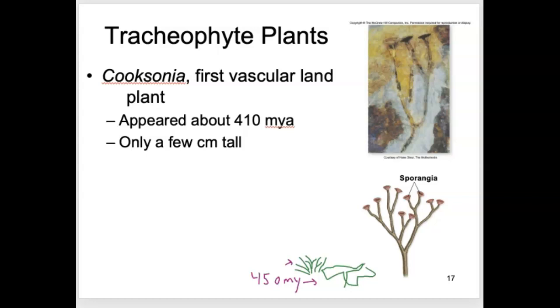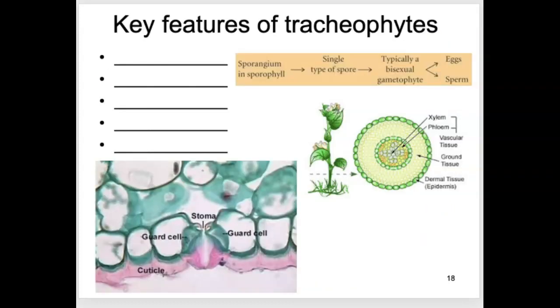Okay, so when we look at all of the vascular plants, we can generically categorize them as tracheophytes because they have the tracheids, that particular structure we talked about in the previous lectures. So we want to take a quick look at the key features of the tracheophytes.